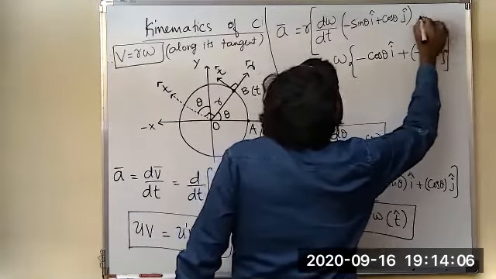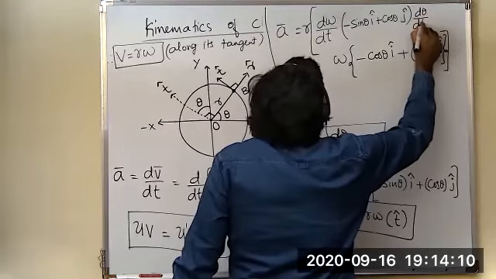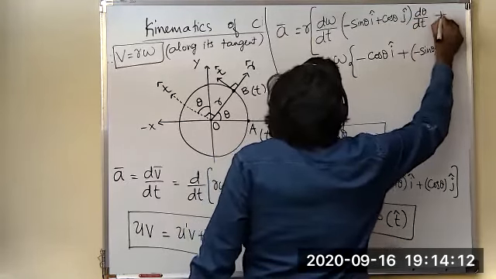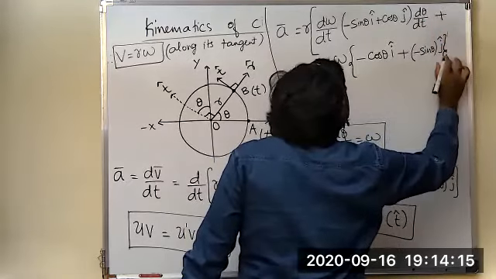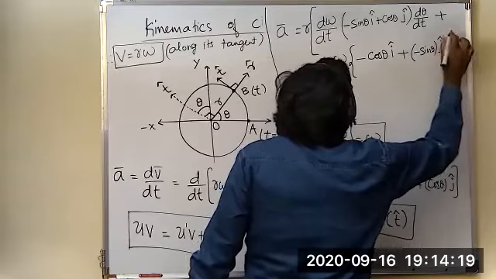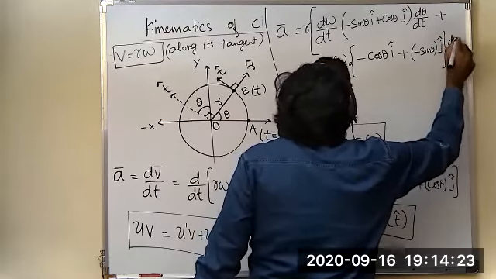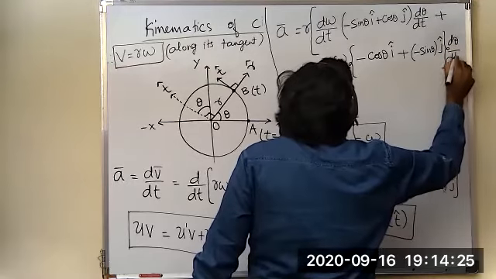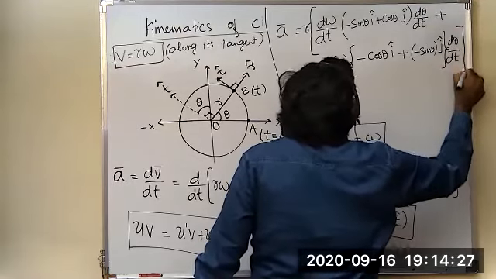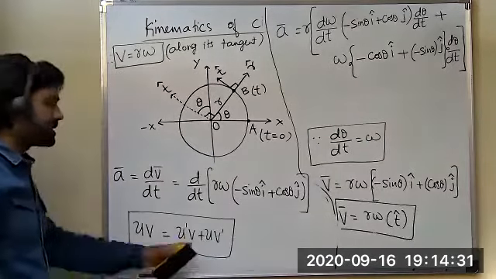So I'm writing d theta by dt outside, because for both you will get d theta by dt, since we are differentiating with respect to time, but here the variable is theta. Okay, guys, this is completely the differentiation.